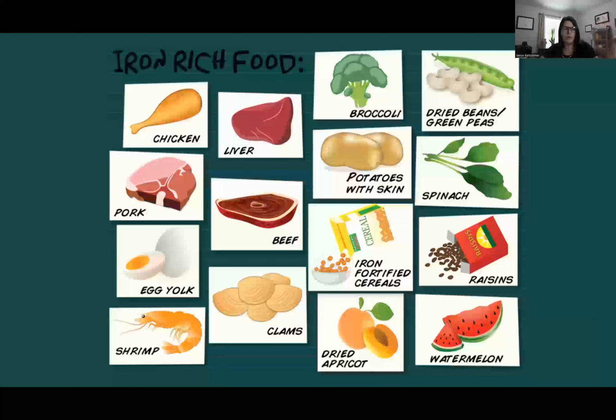Here are some of the most common and easy-to-look-at foods for my visual learners. Some of the foods that are high and rich in iron. However, look at them. They're potatoes, broccoli, spinach, peas, and beans. You have liver. You have red meat like beef and pork.